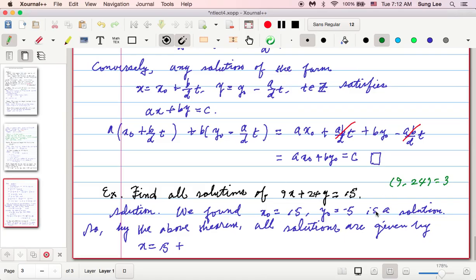So 24 divided by 3, that's 8. 3 times 8 is 24. So it's gotta be 8t.